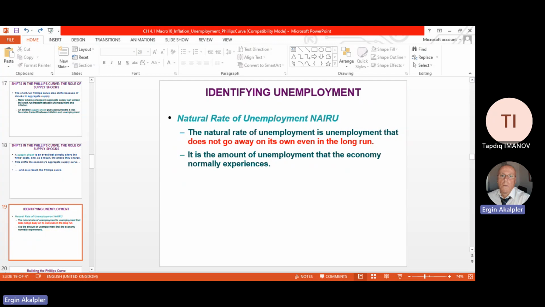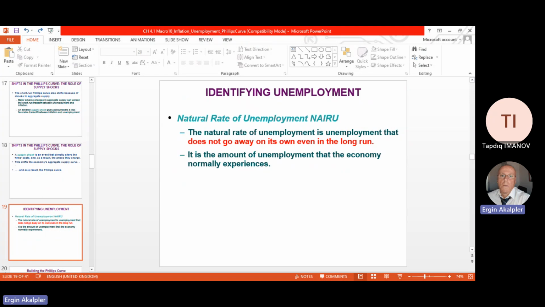The natural rate of unemployment is the unemployment that does not go away on its own, even in the long run. So it means that we always have some unemployment rate.